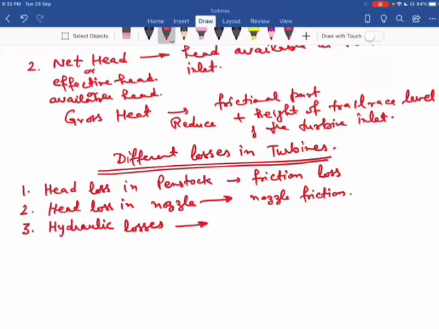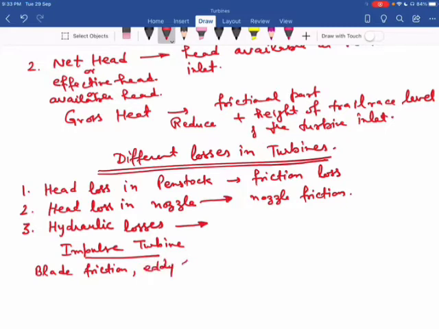In impulse turbine, the hydraulic losses occur due to blade friction, due to eddy formation, and the kinetic energy of the leaving water.